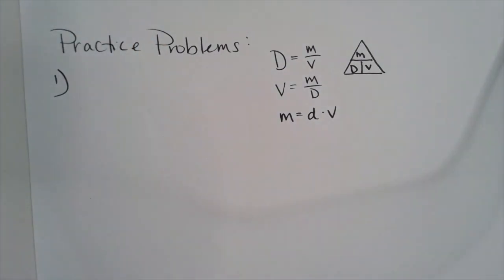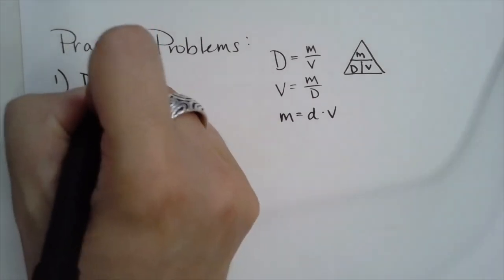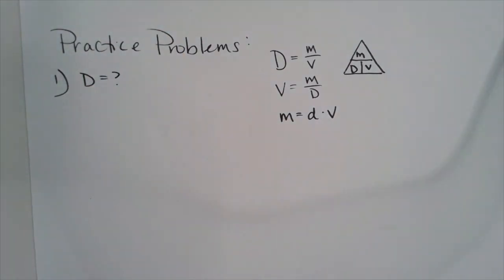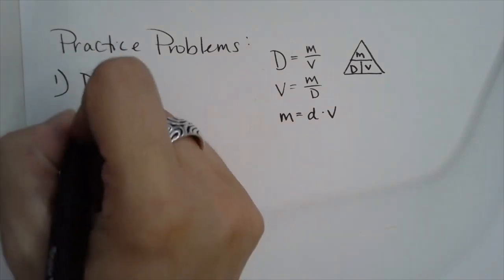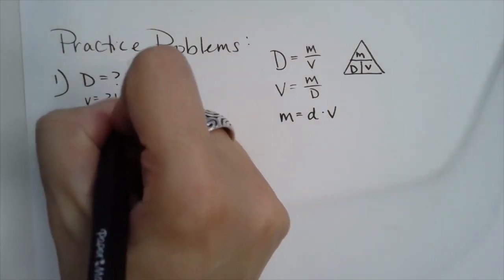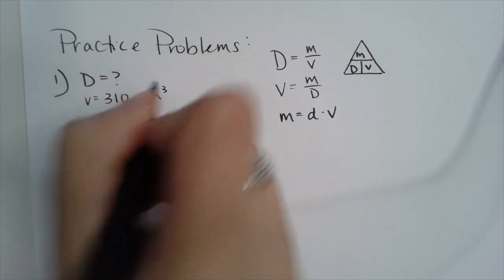Let's go ahead and dive in and try sample problem 1. What is the density of a block of marble that occupies 310 centimeters cubed? It's not saying specifically what unit that is or what variable that is, but because it has those units of centimeters cubed, we know that must be the volume.